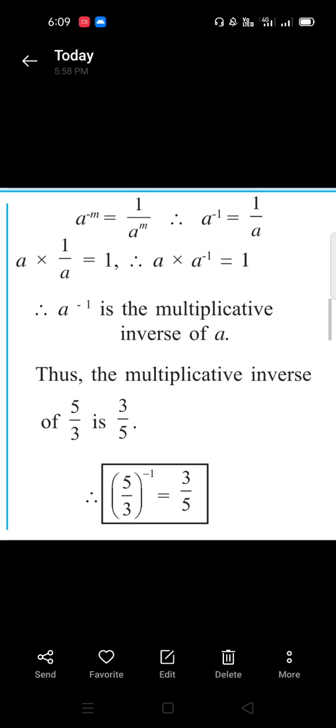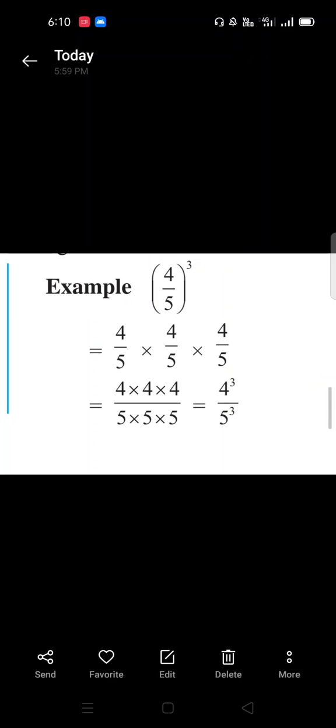So 5 upon 3 raised to minus 1 is equal to the opposite of that, 3 upon 5. Now you don't have to write down minus 1. Clear?